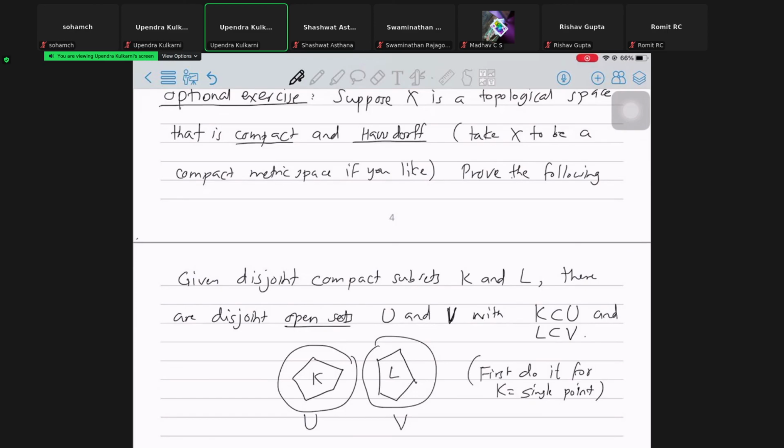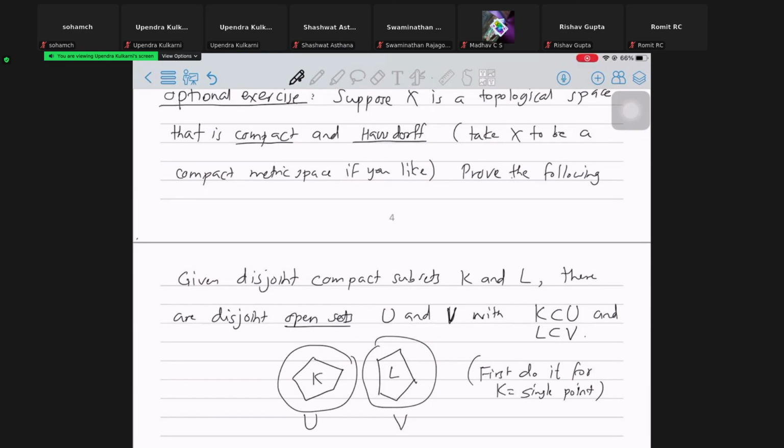So in the jargon of topology, this says that any compact Hausdorff space is normal. By the way, I could have replaced this word compact for K and L by another word: closed.